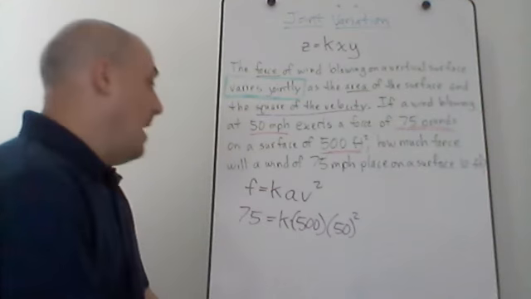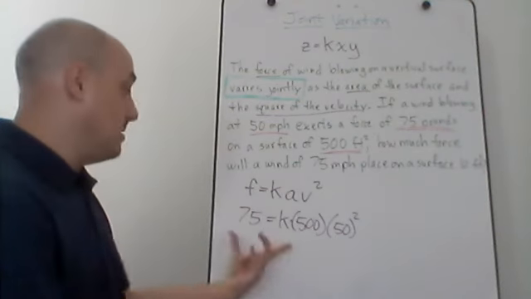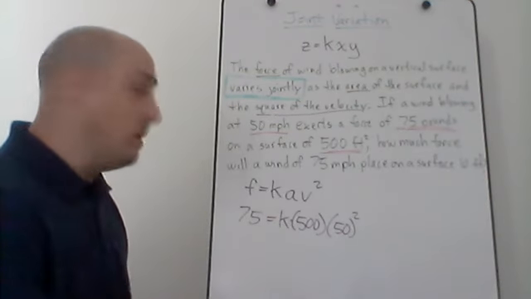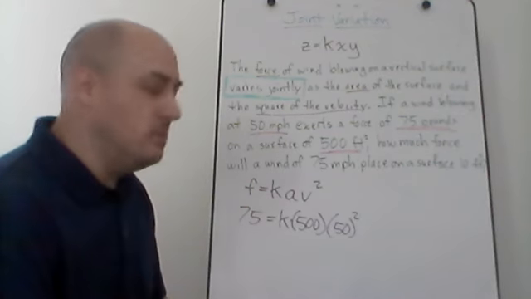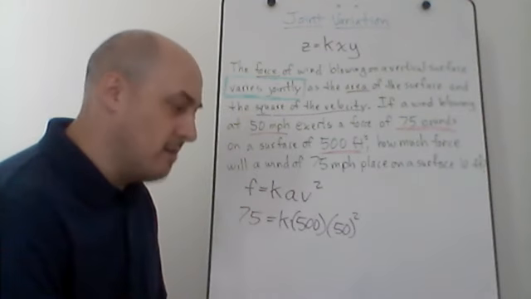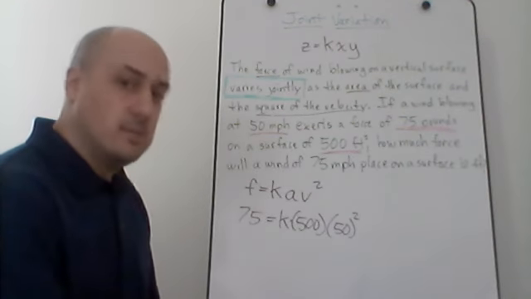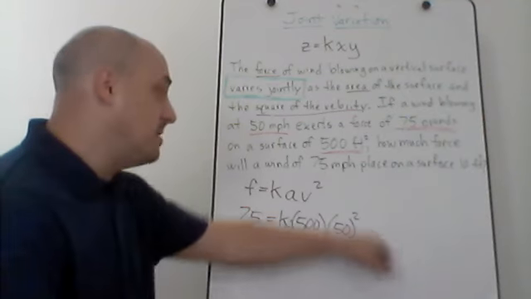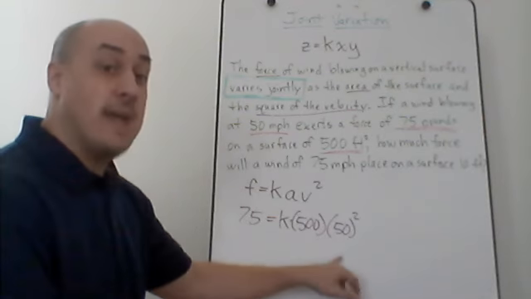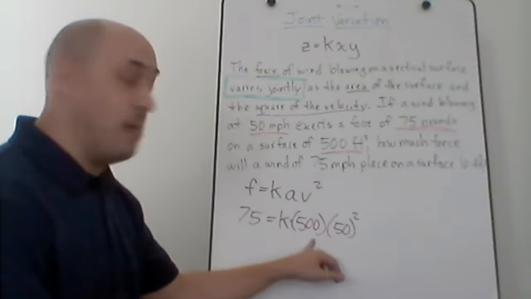And now what I need to do is solve this for K. I got to figure out what K is equal to. So at this point, remember to do the arithmetic correctly. It's not hard, just don't screw it up. So remember, 500 times 50 squared, you have to do the exponent 50 squared before you multiply it by 500.